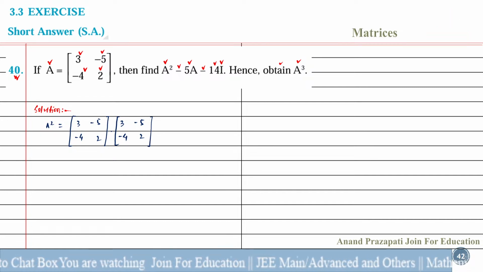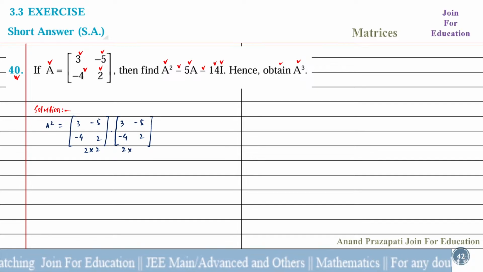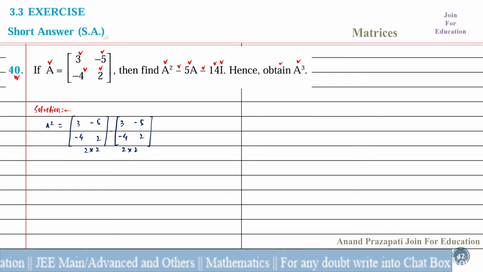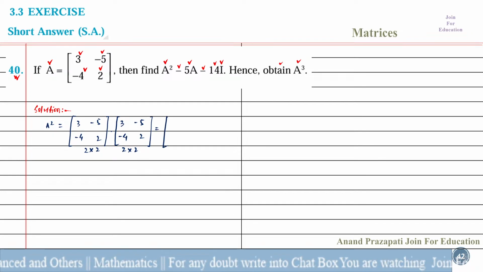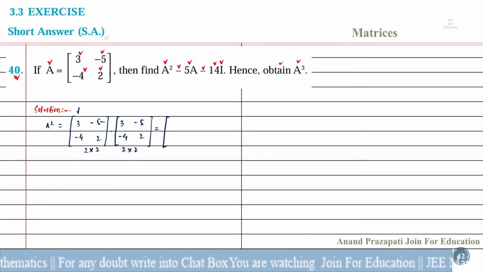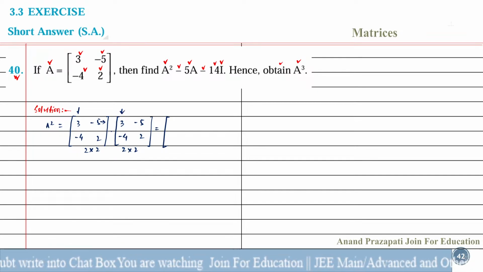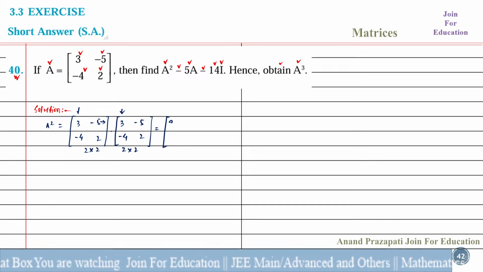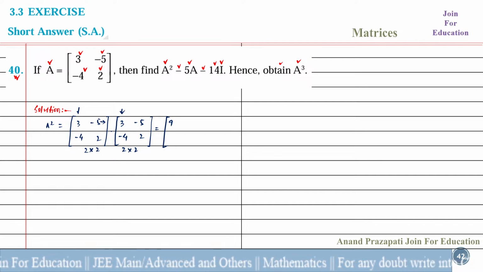The order of this one is 2 by 2, the order of this one is also 2 by 2. Therefore, this is confirmed for multiplication. Therefore, the required multiplication here will be first row along first column: 3 into 3 is 9 and minus 5 into minus 4 equals 20.